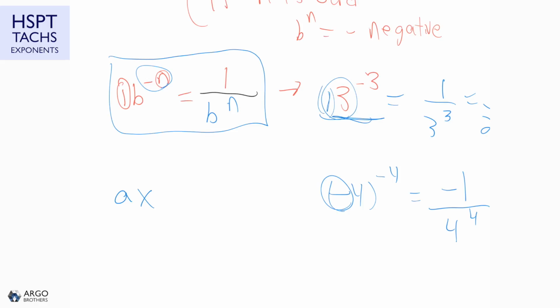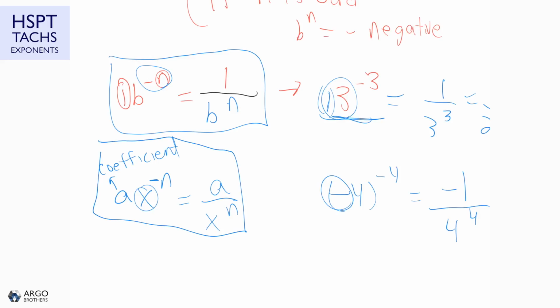Just so you don't forget, a is the coefficient, x is the variable, and n is, of course, the power, which we're making negative. So this equals a over x to the n power. Wonderful. This is the general rule that you should either copy down or just memorize, all right? And as we do more problems, it'll become clear.